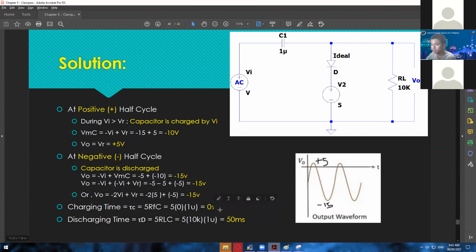The unit for the charging time is seconds. I just used millisecond here because this will be 50 in terms of millisecond. But if you want to convert this into seconds, just move 3 zeros, so this will become equal to 0.05 second. Either of those two, they are just the same. So was I able to answer your question?